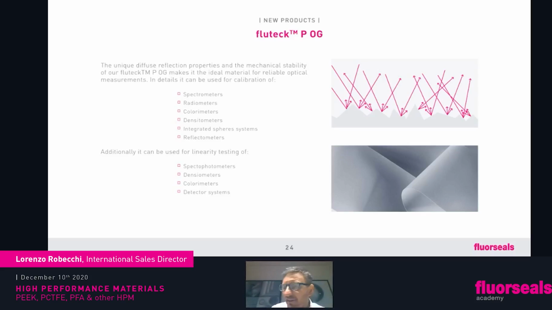Sorry, guys, I don't see the chat, so hold on a second. The maximum length that we do on extrusion goes from 3 meters to 1 meter, depending on diameters.